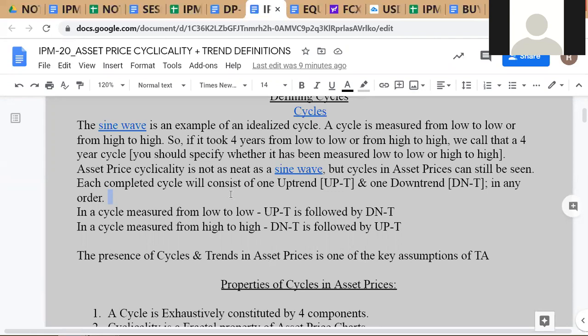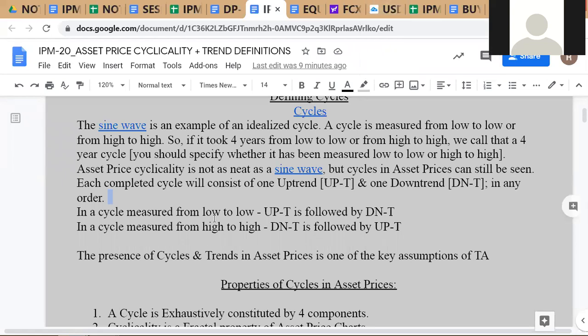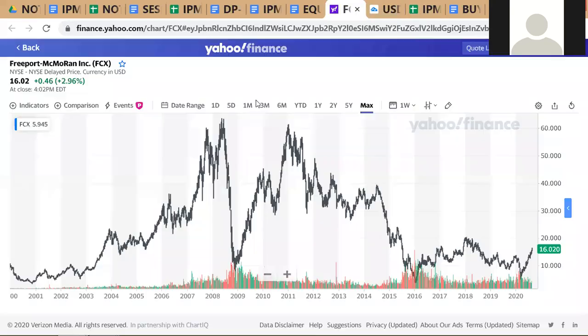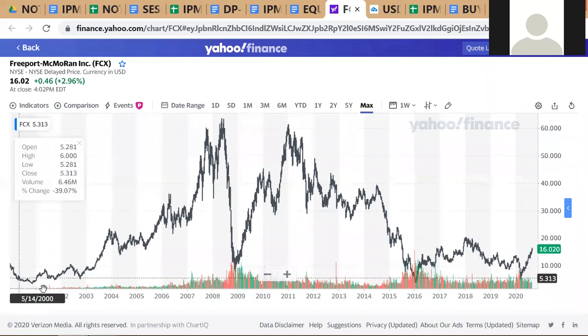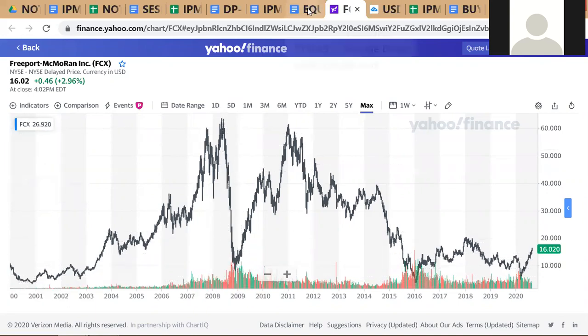You have an uptrend and a downtrend, and what we are saying here is you can look at the cycle. Let's look at FCX. It's got better cycles and more data.